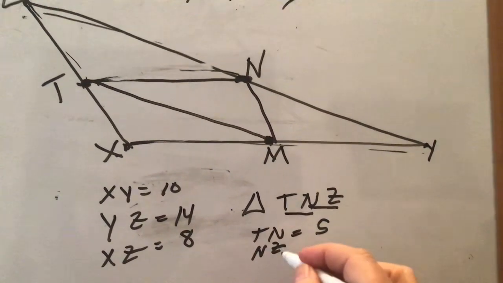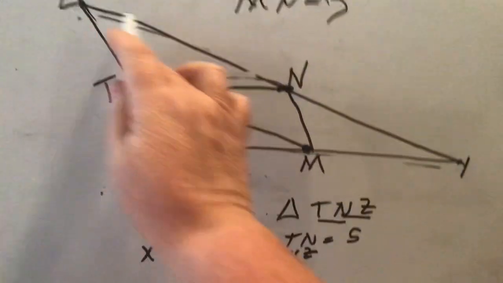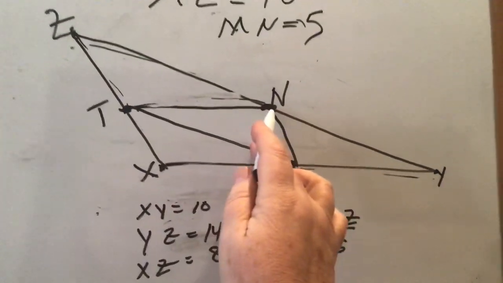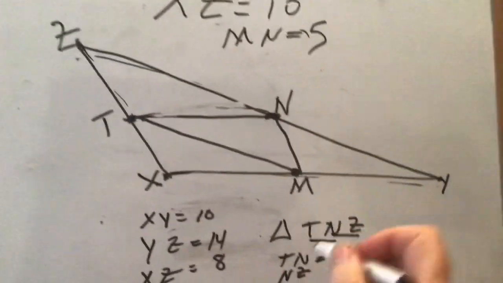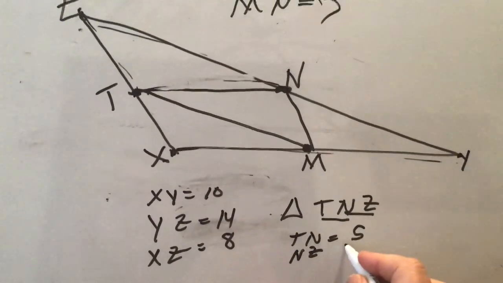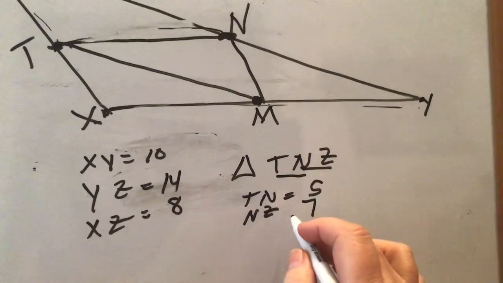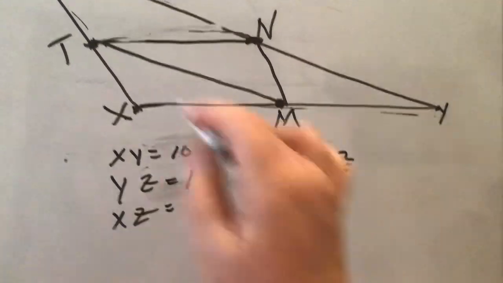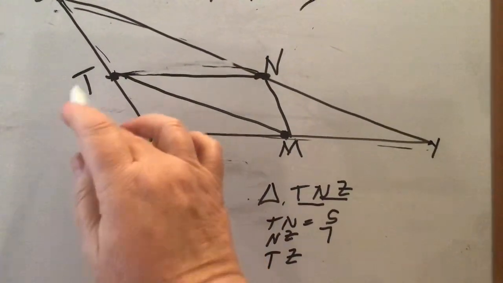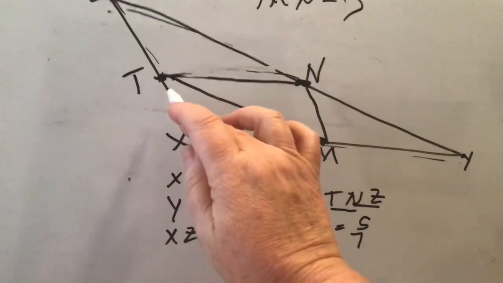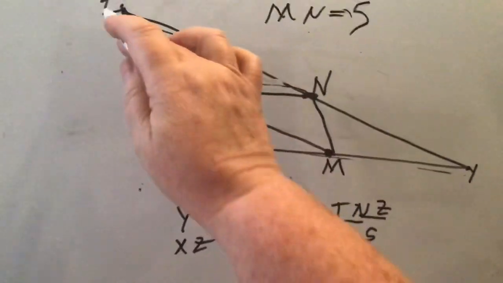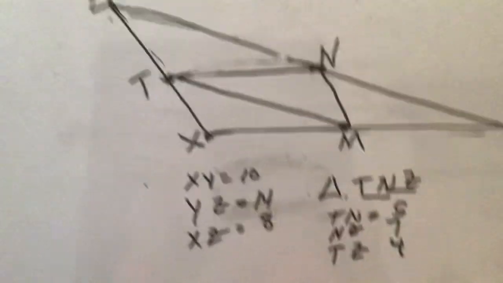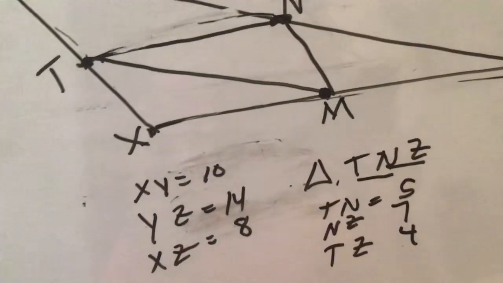So here's NZ, so it's 1/2 of ZY. ZY is 14, so that's 7. And then we're going to find TZ. TZ is here, and it's going to be 1/2 of ZX, and ZX is 8, so that's going to be 4. So each one is just 1/2 of the other one.